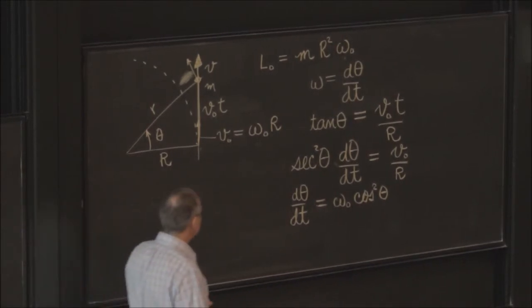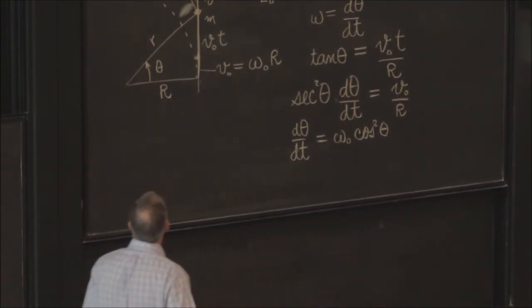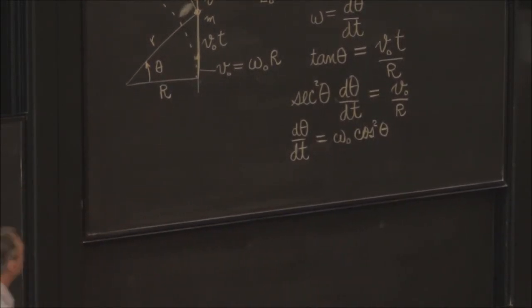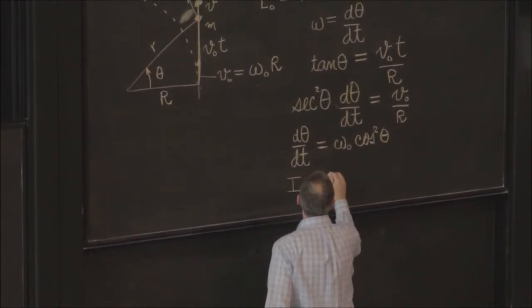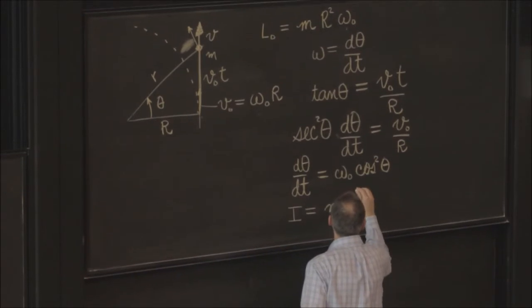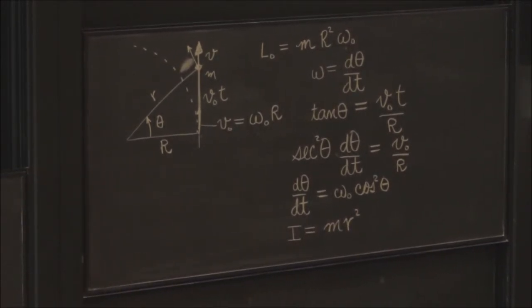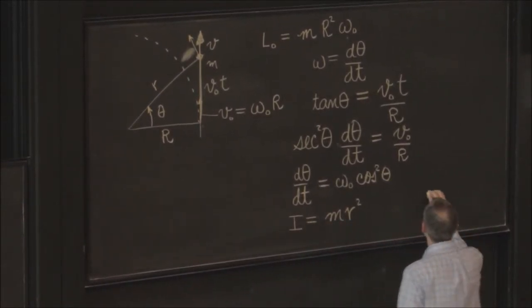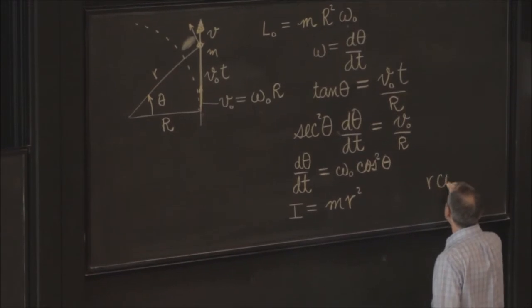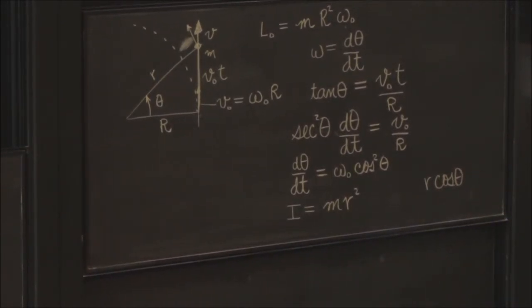Okay, now, what's the moment of inertia? Well, now it's farther away, so I is equal to m little r squared. But little r times the cosine of theta is what? Big R.